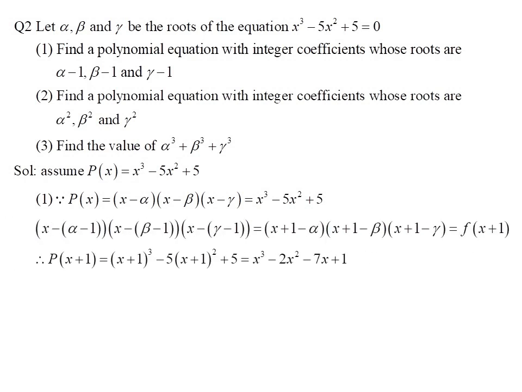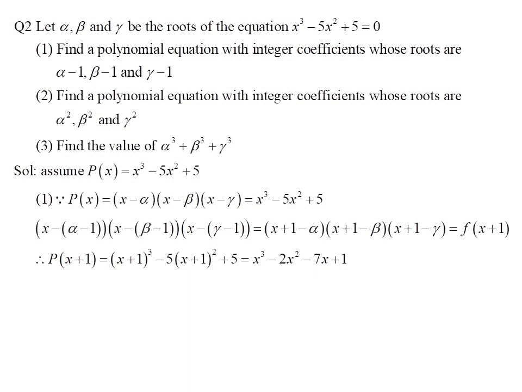As for question 1, since the three roots become alpha minus 1, beta minus 1, and gamma minus 1, the factorized form of the cubic polynomial becomes the product of (x minus (alpha minus 1)), (x minus (beta minus 1)), and (x minus (gamma minus 1)), which is equivalent to p(x plus 1).